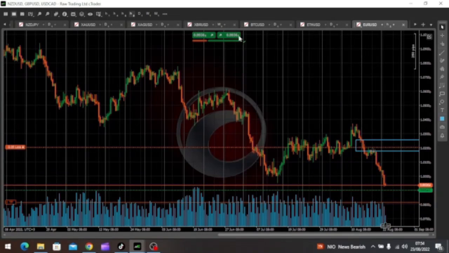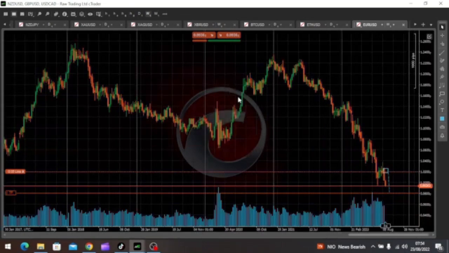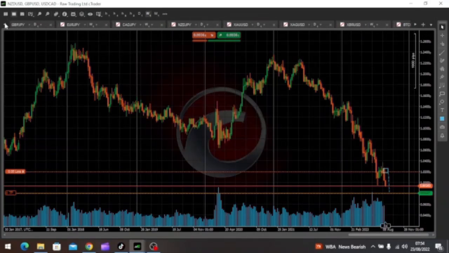So I'm still holding on to this trade, especially into this new week. So we will hold the trade until we get to 0.98172. That is our target take profit. As you can see, the trade is going on super fantastic.